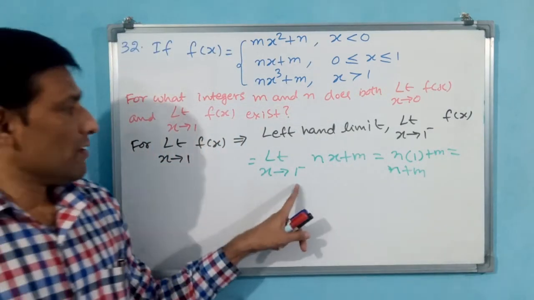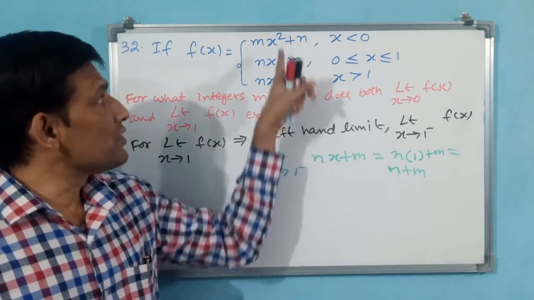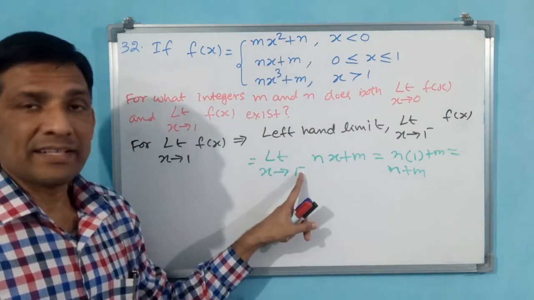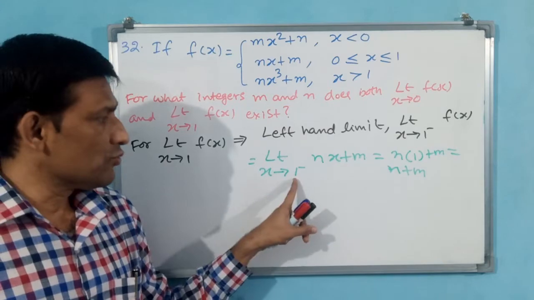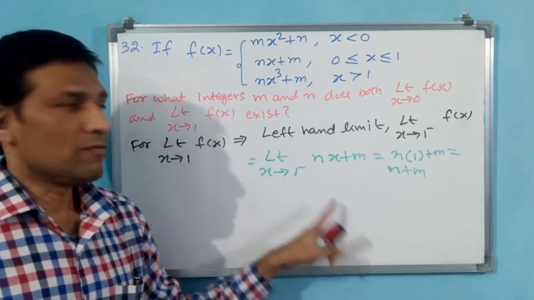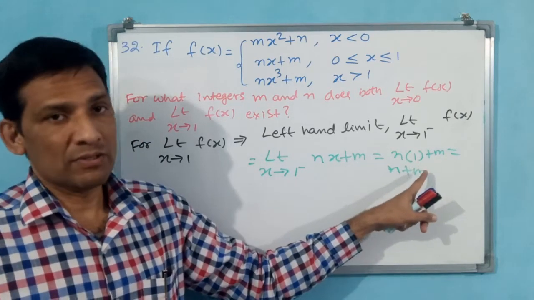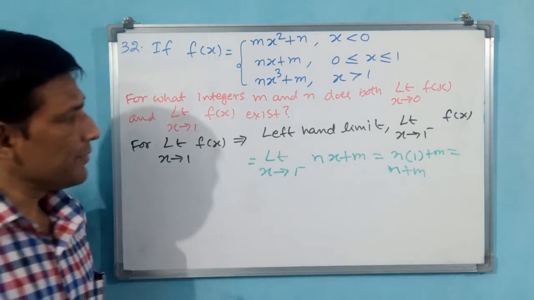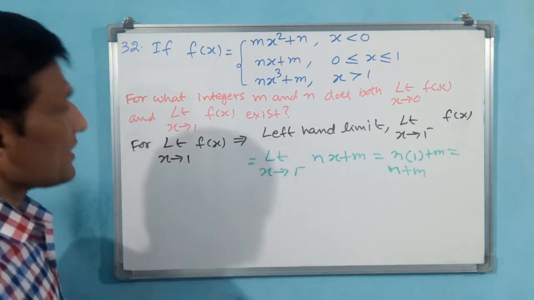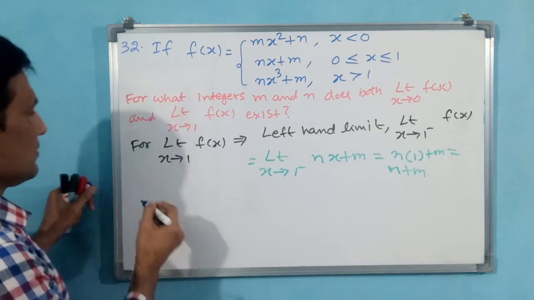You see, for taking only which expression, all this minus. But while substitution, you have to substitute 1 only. 1 plus or 1 minus, you have to substitute 1 only. That you keep in your mind. Okay? Let us go for right hand limit. Write down.